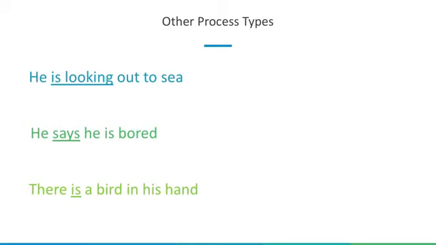Looking is similar to an action, and it's also similar to a mental process. It's kind of in between those. So looking is less physical than standing, but it's more physical than thinking.